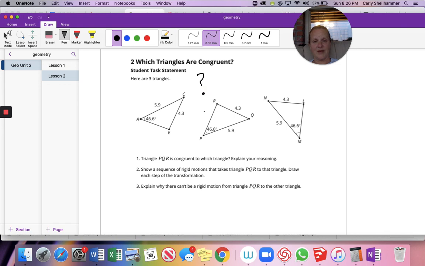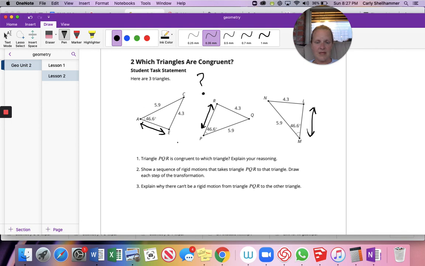Okay, it could be. If I look at my unmeasured side and I compare it to my unmeasured side, those don't look to be the same length, do they? So I'm thinking none of them. Okay, and there's actually a theorem that will prove it.